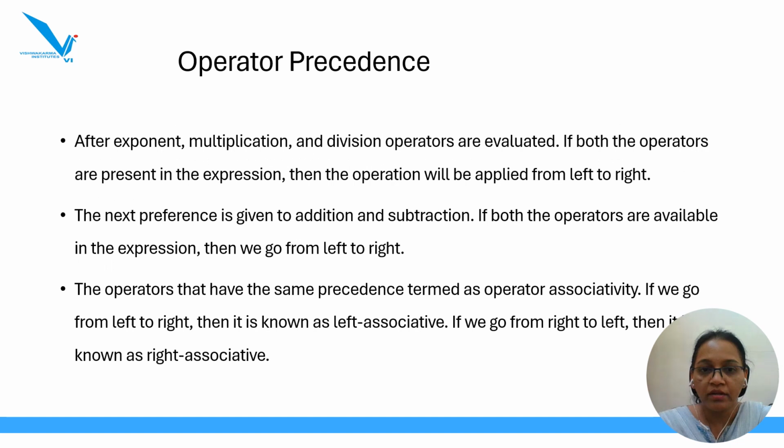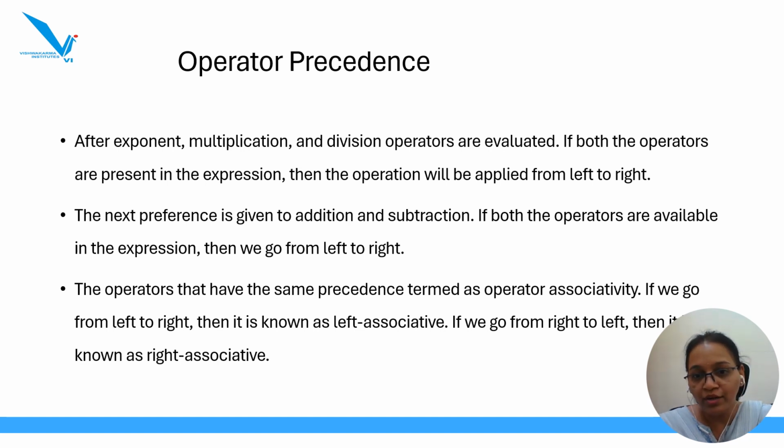Now operator precedence. After exponent, we have multiplication and division operators to be evaluated. If both operators are present in the expression, then the operation will be applied from left to right. The next preference is given to addition and subtraction. Again, if both addition and subtraction are present in the expression, then the operation will be applied from left to right. The operators that have the same precedence are governed by operator associativity. If we go from left to right, then it is known as left associative.